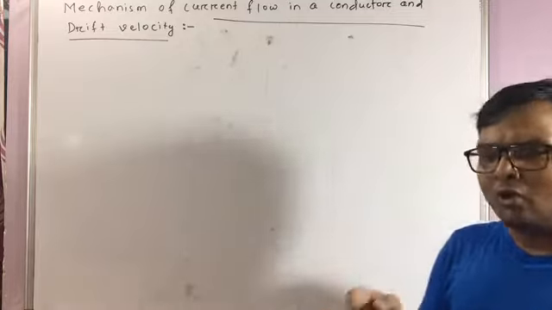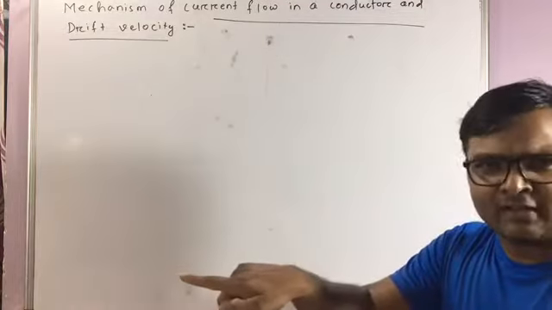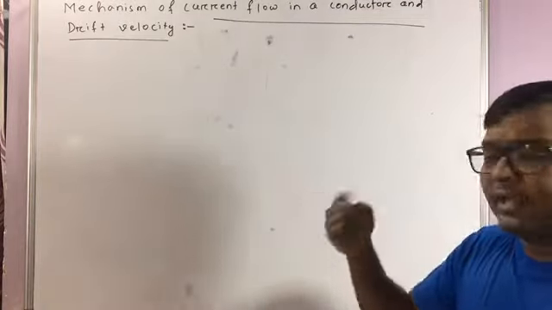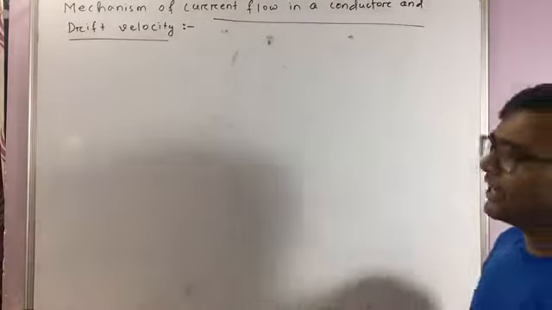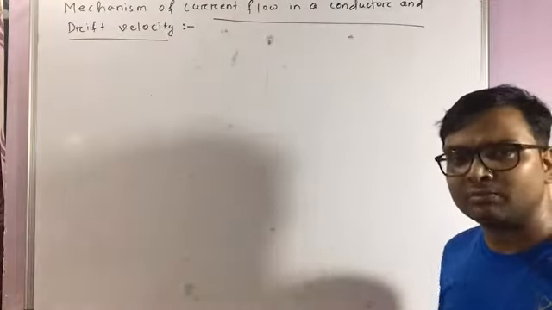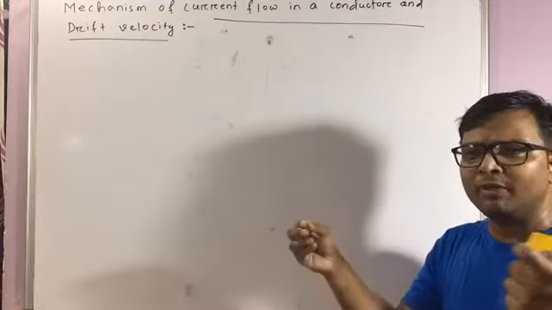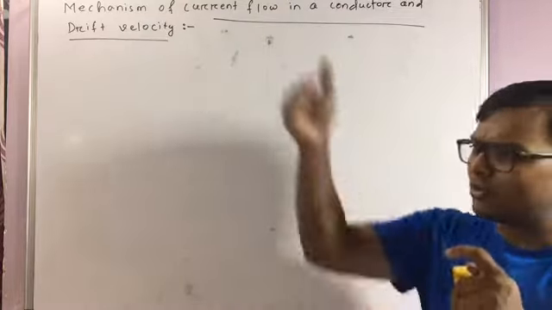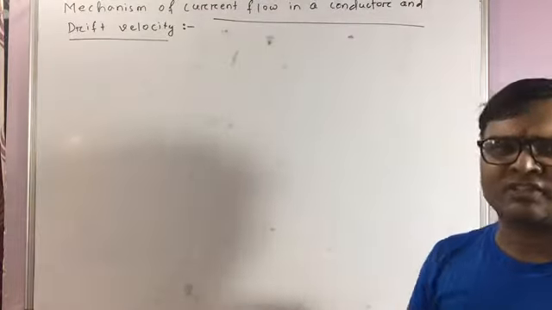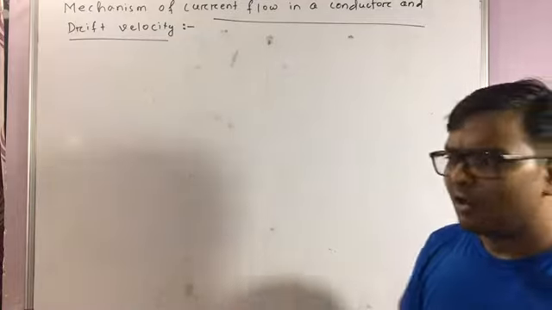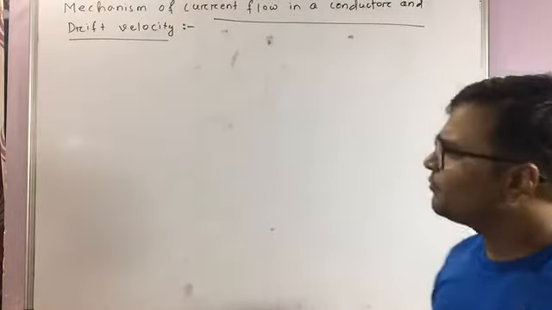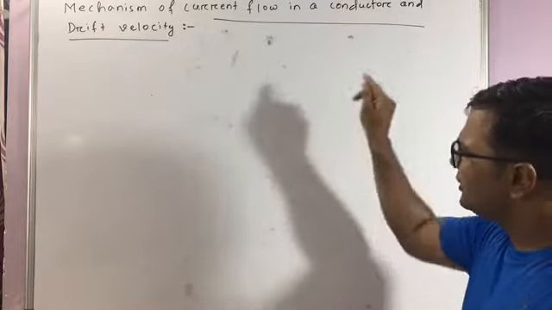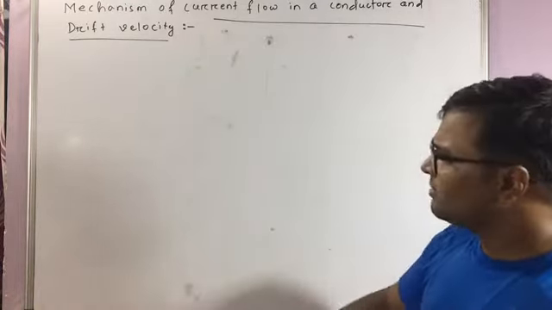Also, not only one electron is moving, because per cubic meter 10 to the power 28 electrons are present. Because of the presence of so many electrons, there will be collisions between the electrons, and also between the electrons and the crystal lattice, or the ions. Because of that, the path of the electron is continuously changing. Clear?